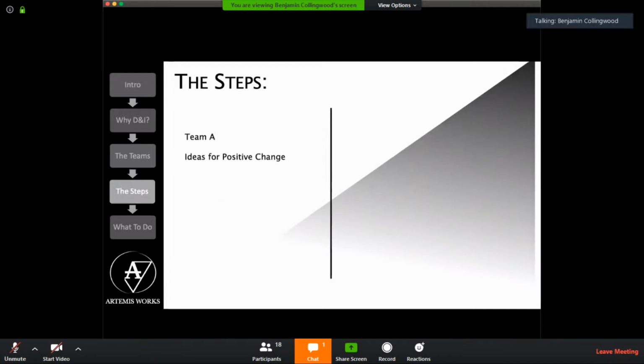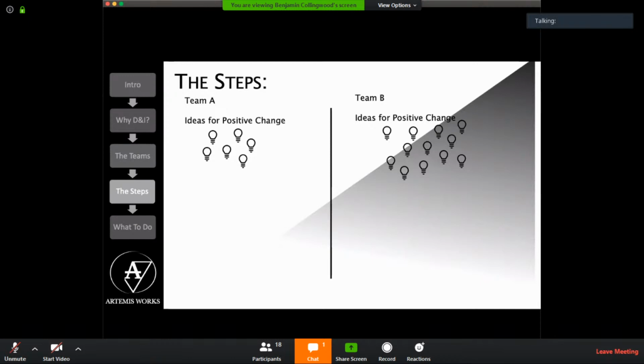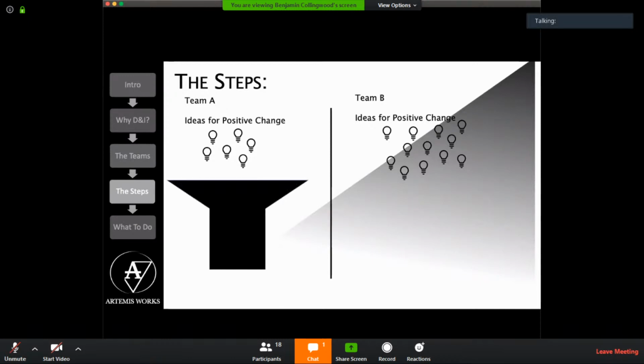But if we take Team A's ideas and Team B's ideas, then Team A has a team leader represented by this funnel here. Please excuse my PowerPoint skills. It is a funnel, I promise. And what happens with this team leadership structure is that Team B has a very, very narrow funnel.